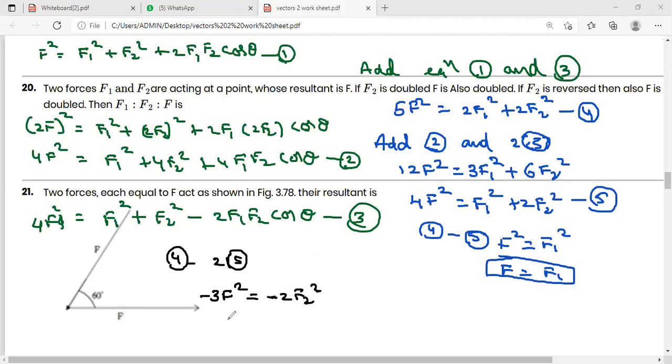Minus and minus will get cancelled. So F square equal to how much then? 2 by 3 F2 square.